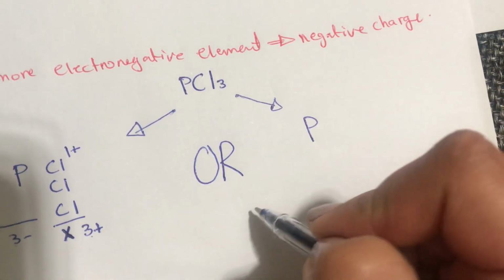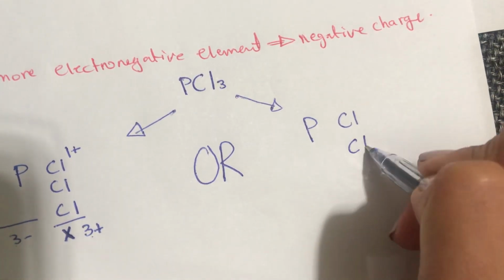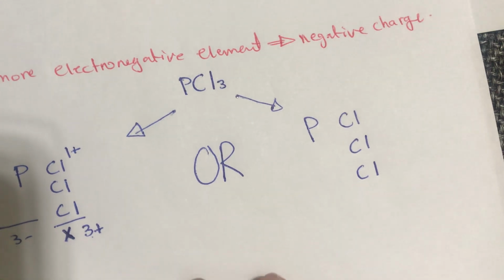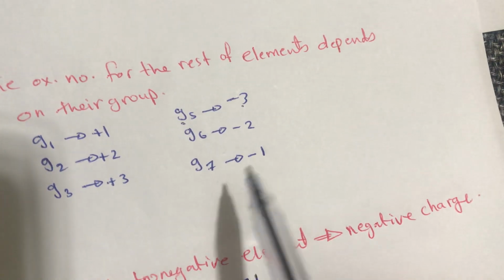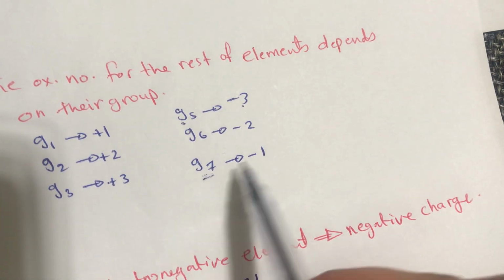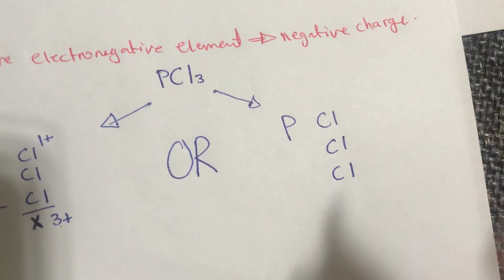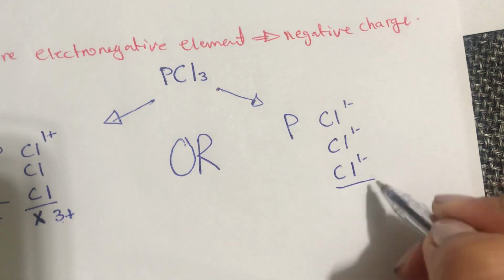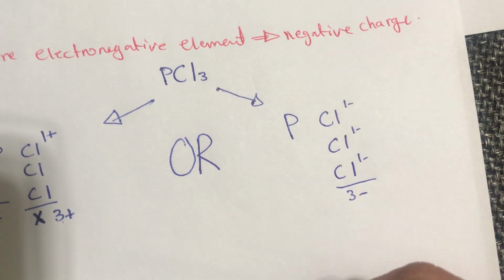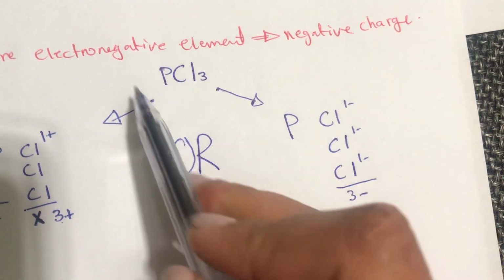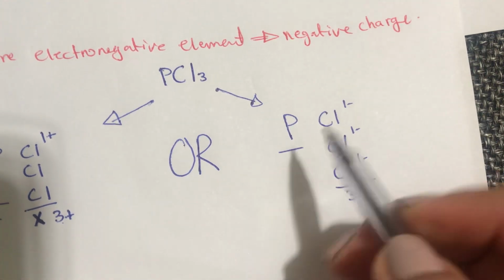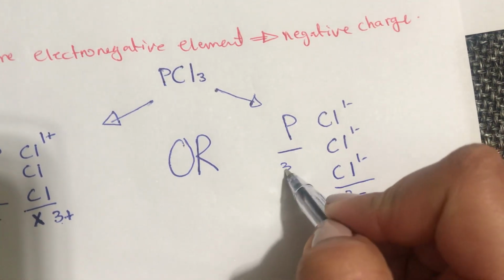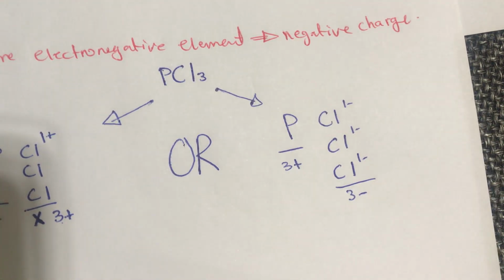Or you have 1 phosphorus and 3 chlorine atoms. So Cl is in group 7 in the periodic table. It carries a -1 charge. So -1, -1, -1. So the total is -3. Because it's a neutral compound, the total charge here is +3.